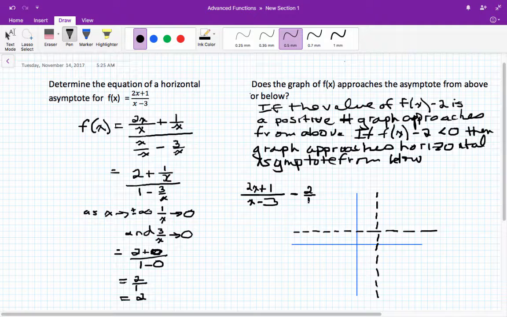I'm going to put this over 1. We're going to get a common denominator, which is going to be x minus 3. In the numerator here, 2x plus 1 is going to multiply by 1, so that's just going to be 2x plus 1. And then we're going to have to multiply this by x minus 3.